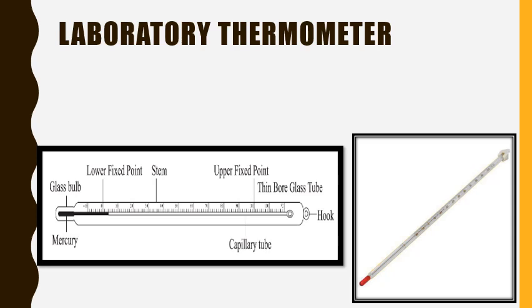The difference in laboratory and clinical thermometer is that it does not have a kink and it is bigger in size than clinical thermometer. To use the thermometer, it is kept in contact with the object whose temperature is to be measured, and the level of the mercury in the capillary is read against the scale printed, as we did in clinical thermometer.